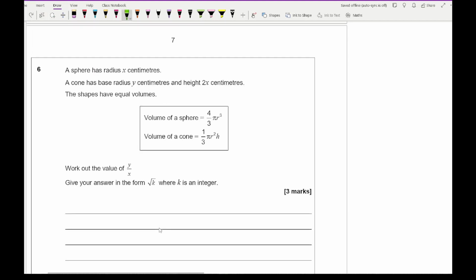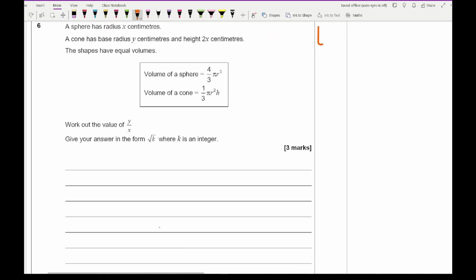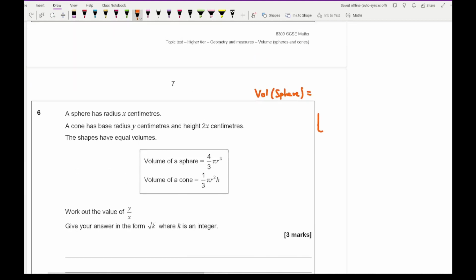So first of all, let's work out the volume of the sphere, which is going to be 4/3 times pi times x cubed.